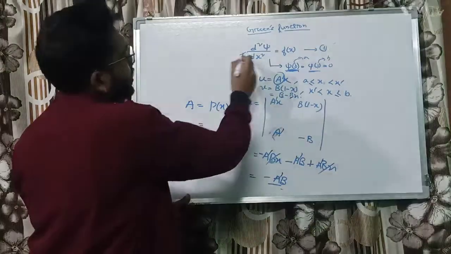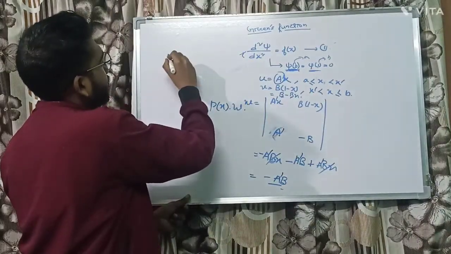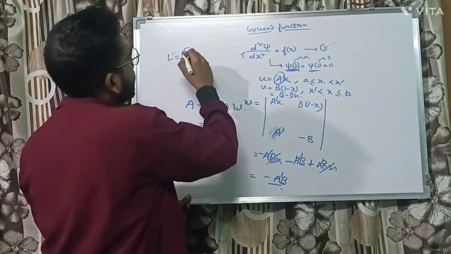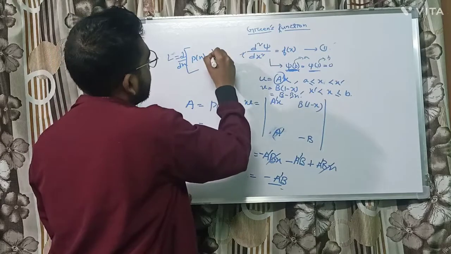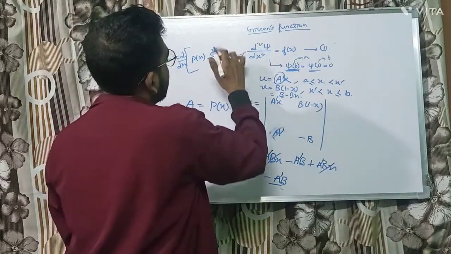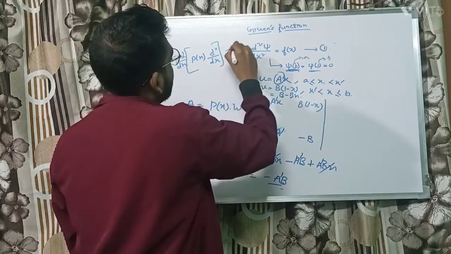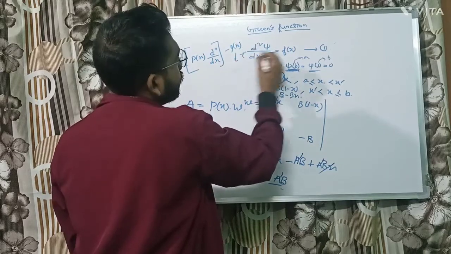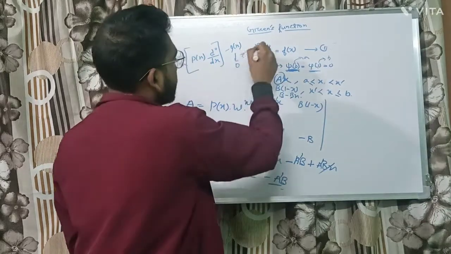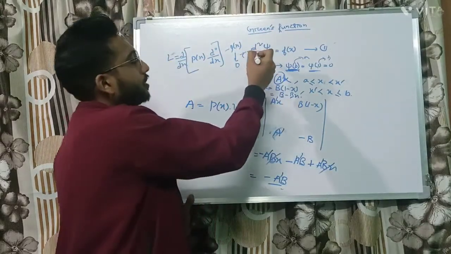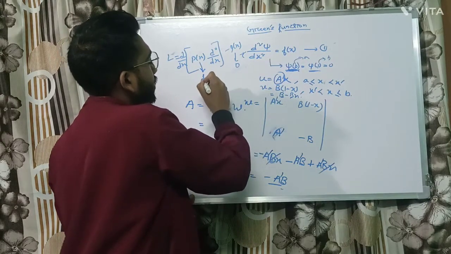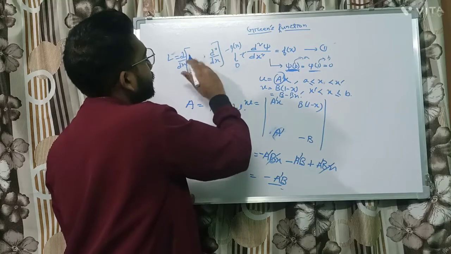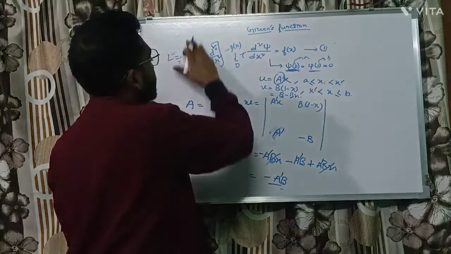If I compare this equation with the Liouville form, p(x) d square by dx square minus q(x), here q is 0 and p(x) will be 1 to get d square by dx square simply.